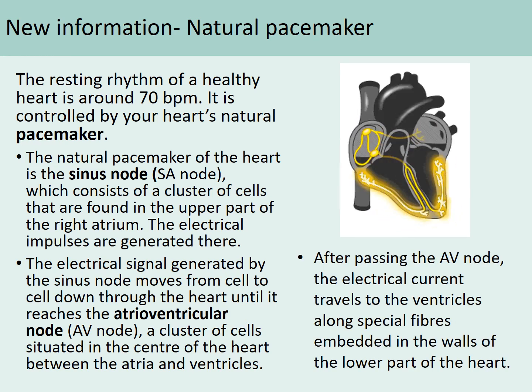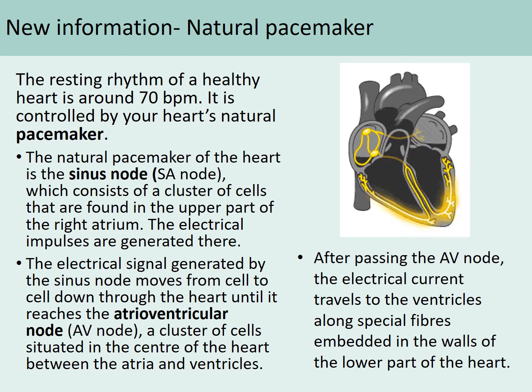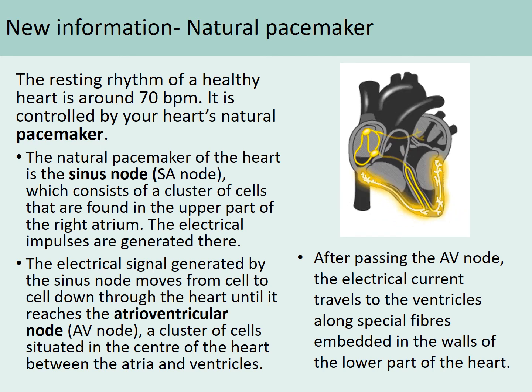Now, once it's past the AV node, it will then travel to the ventricles along special fibers that you'll find inside the wall. So it's generated in the SA node, travels along to the AV node, and then goes through the ventricle walls. And as those electrical impulses are going past, it's causing that cardiac muscle, that muscle in the heart, to contract.